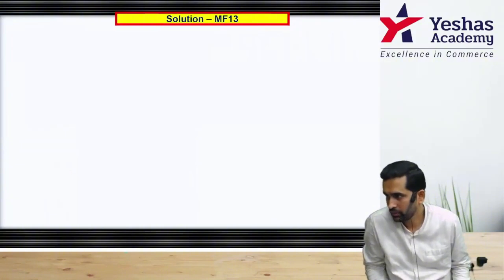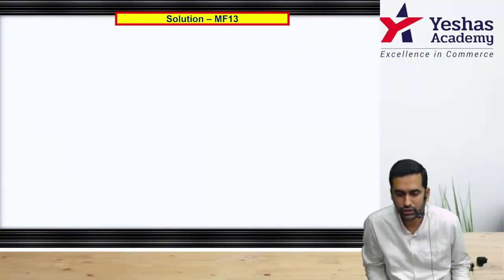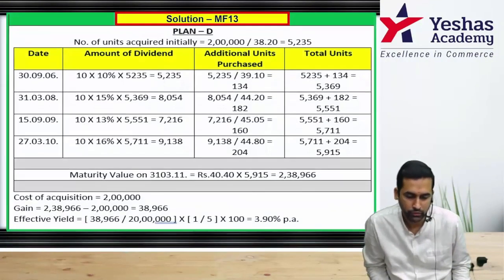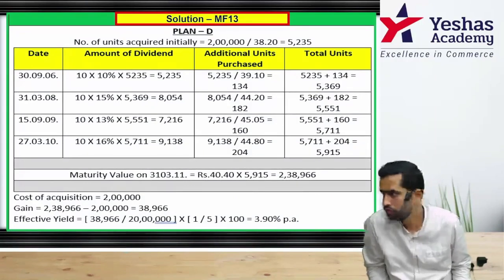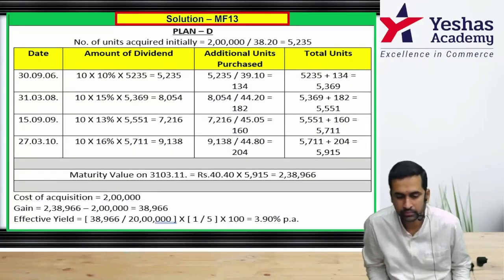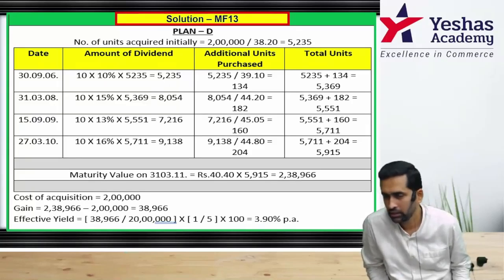Next column, how to calculate fresh units? 5235 units into face value 10 rupees into dividend rate 10%. I think that will give you the same 5235 rupees.